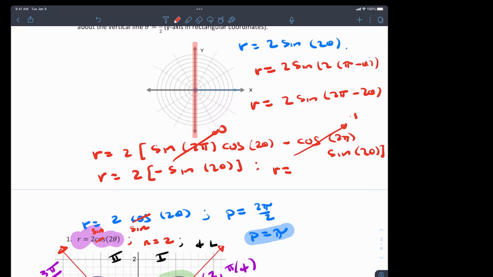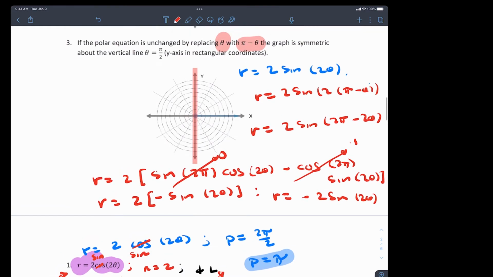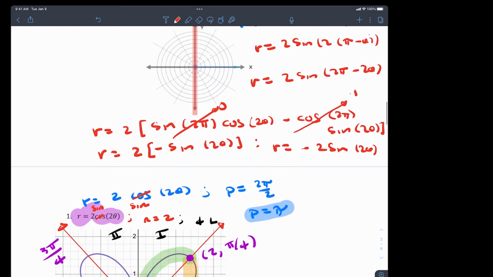Yeah, anyway, isn't that minus 2 sine 2 theta? So something's not quite right. The polar equation is unchanged replacing theta with pi minus theta, so the graph is symmetric about the y-axis.